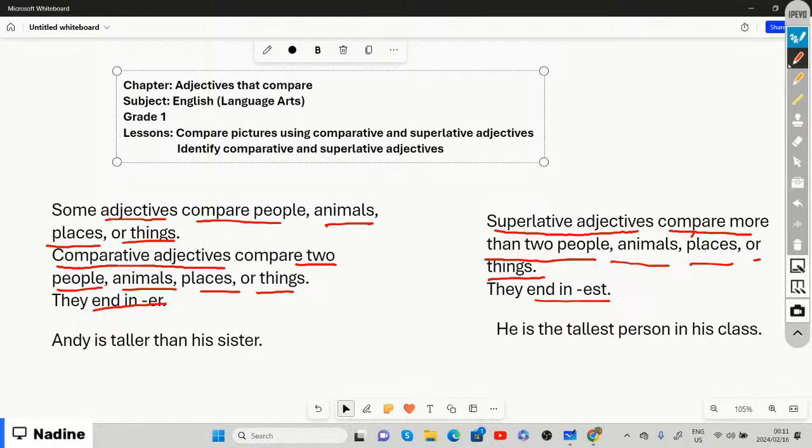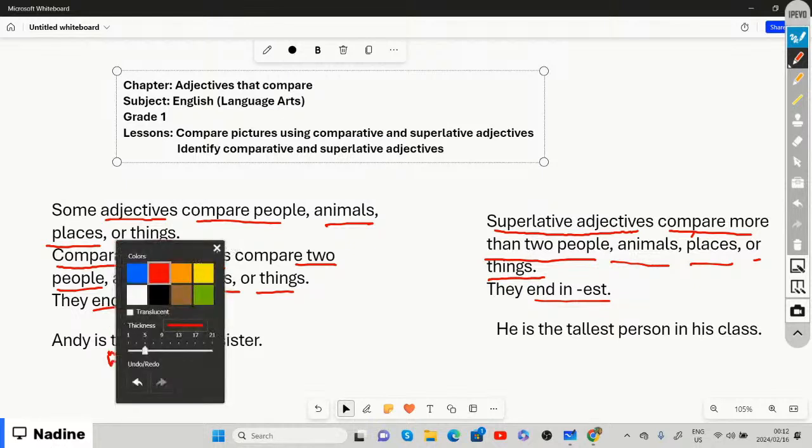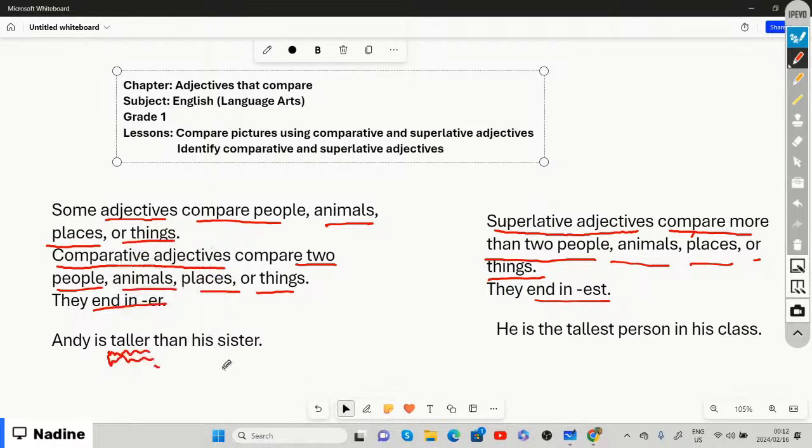And we said when it comes to a comparative adjective, it ends in er, and we looked at an example and said Andy is taller than his sister. And with a superlative adjective, it compares more than two people, animals, places, or things, and it ends in est.